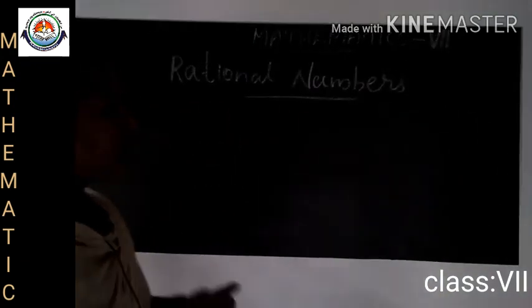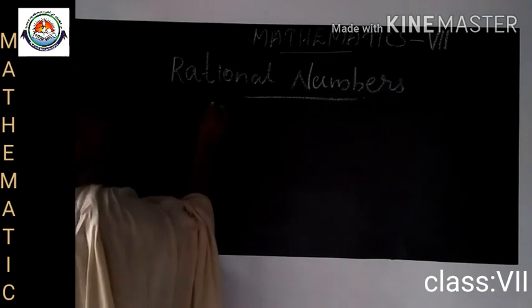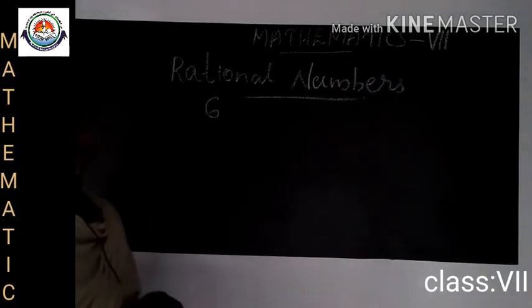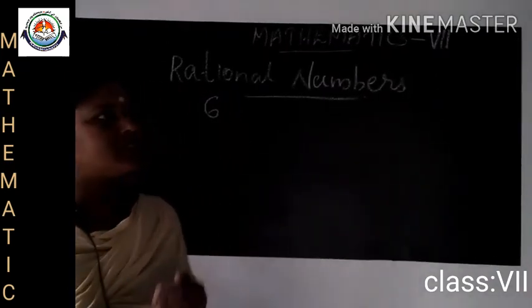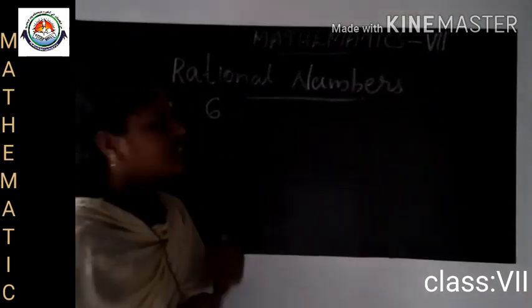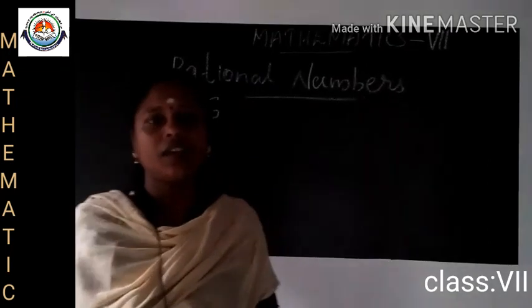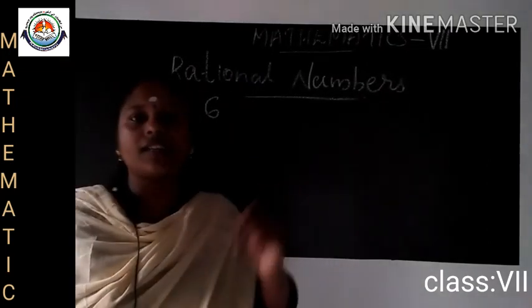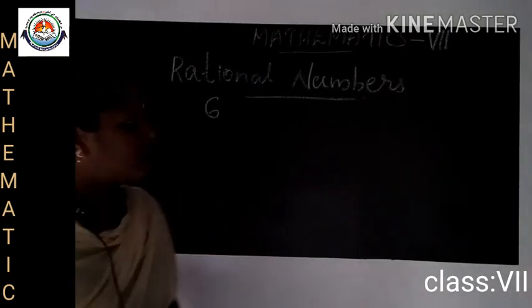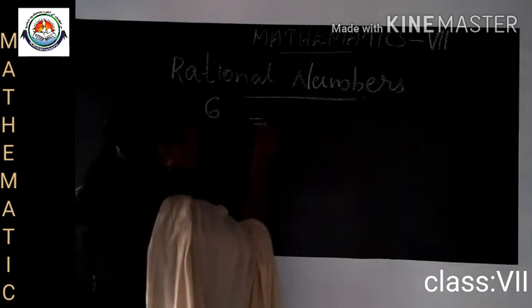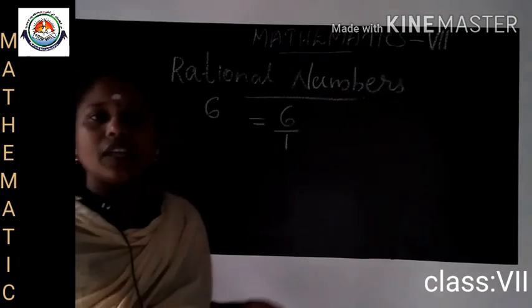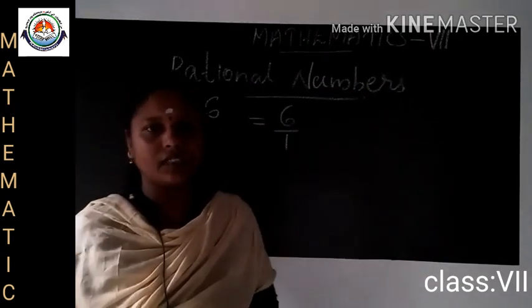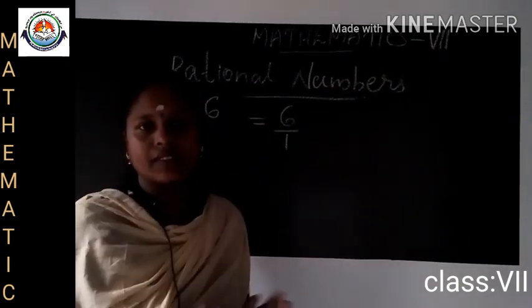We have a number 6. It's an integer. Can you express this 6 as a rational number or fraction? We can express 6 as a rational number. How? Listen, 6 is equal to 6 by 1. If the denominator is 1, there won't be any change. 6 by 1 is 6 itself.